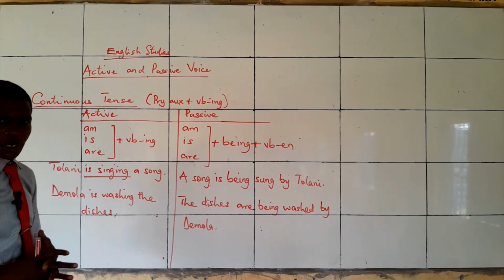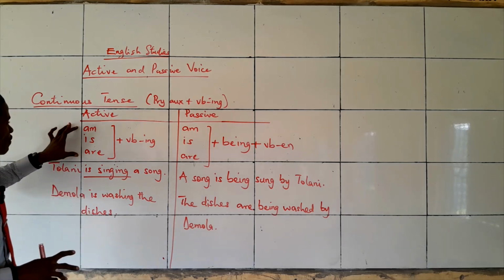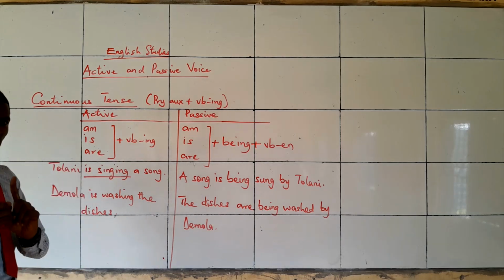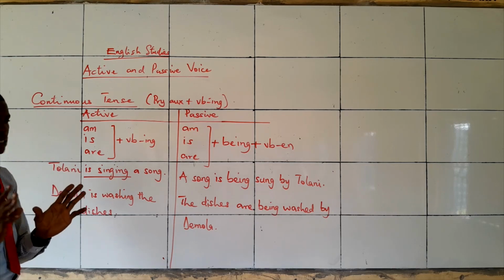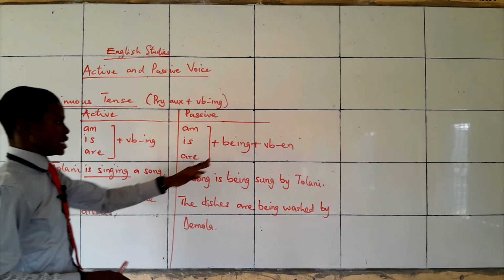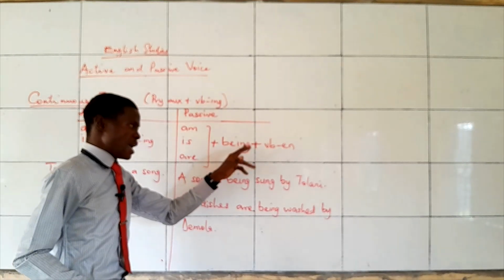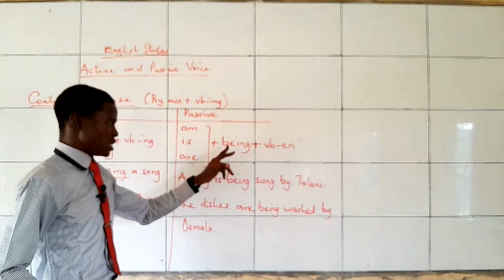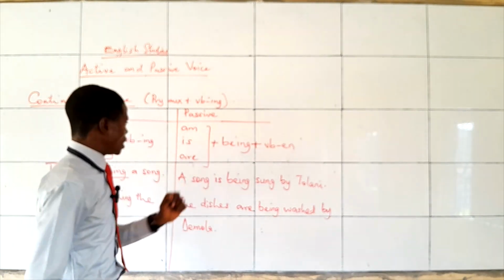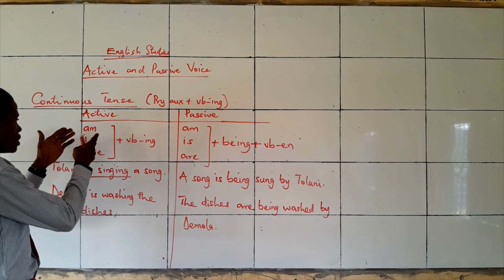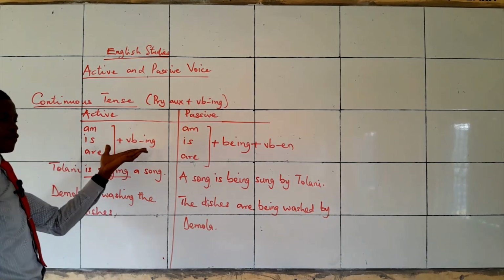Now, another thing that we said was this. You want to convert active continuous to passive. It is very simple. What you just bring in is being. B-E-I-N-G. We have it as am, is, are plus verb ing.